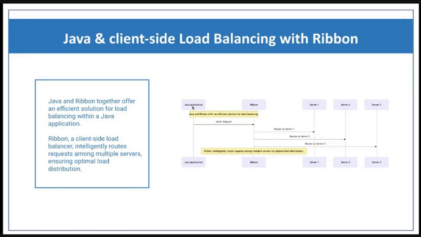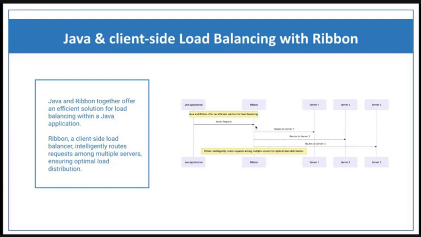In the case of a client-side load balancer, the Java application sends a request to Ribbon, which is just a library inside the Java application. Ribbon queries Consul for a list of IP addresses, and then sends the request to server 1, server 2, or server 3, or maybe you define the Ribbon behavior so that it always goes to server 1.